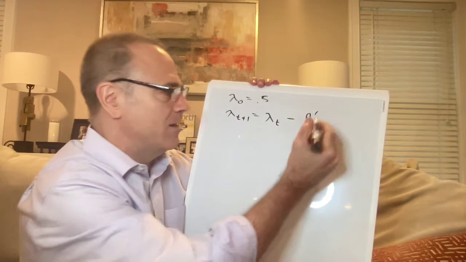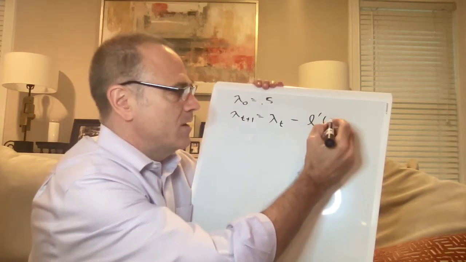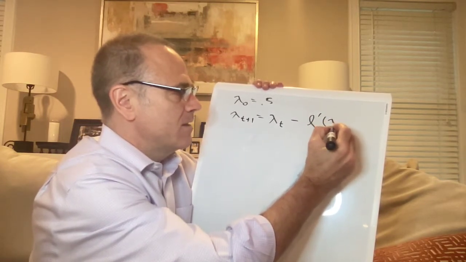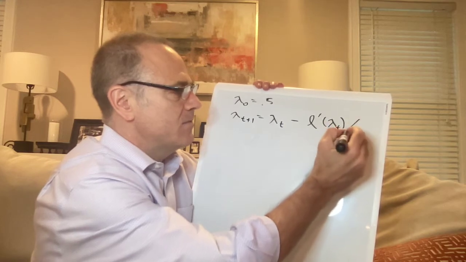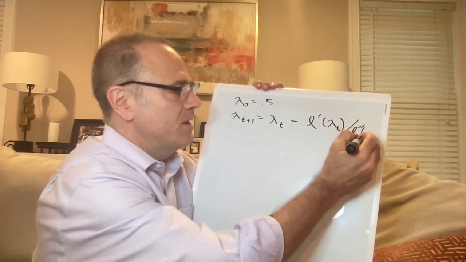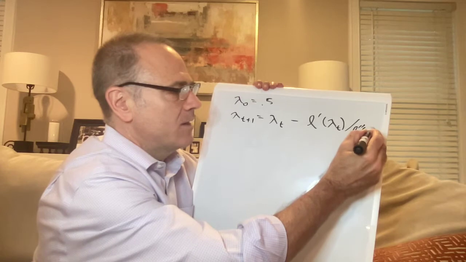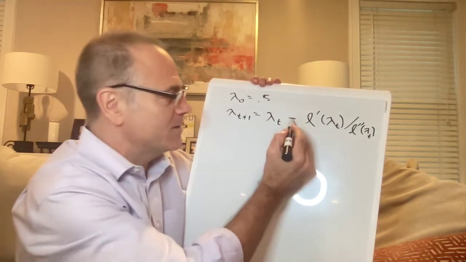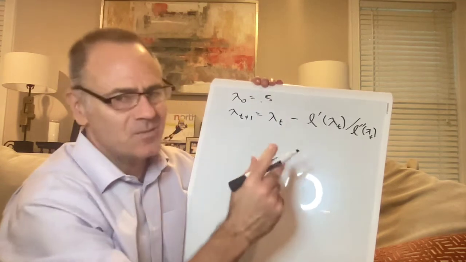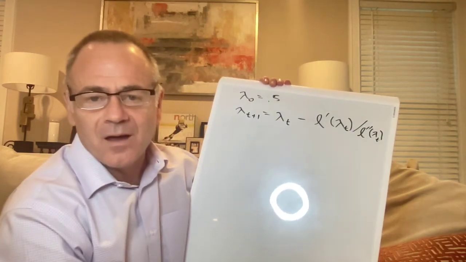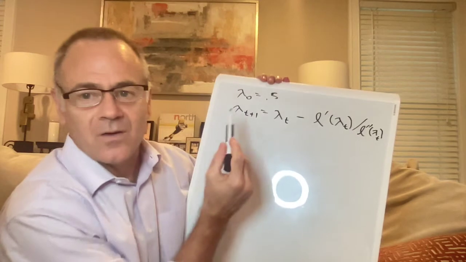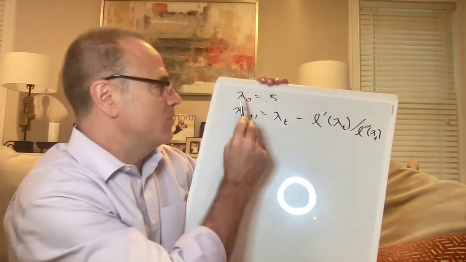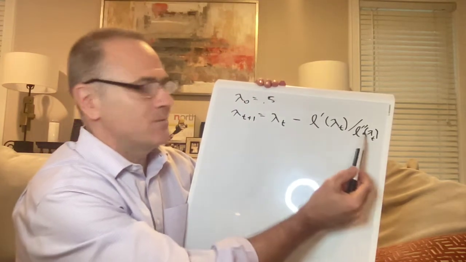So little l prime of lambda t divided by little l double prime of lambda t. Like I said, I don't remember if that's exactly right. That might have been a plus sign, but I think it was minus. Regardless, you've got lambda 0. So for lambda 1, you'll plug in lambda 0.